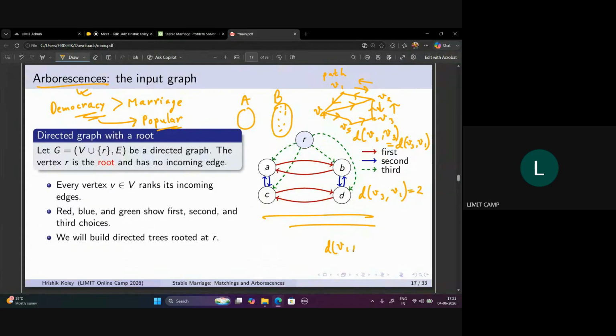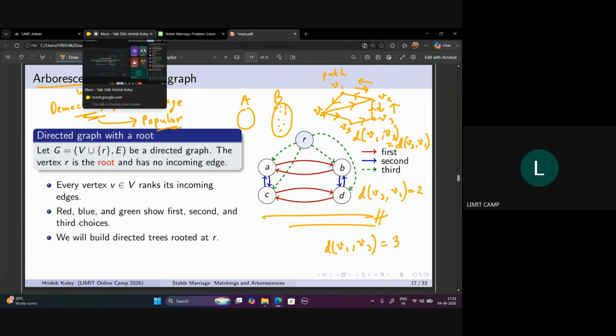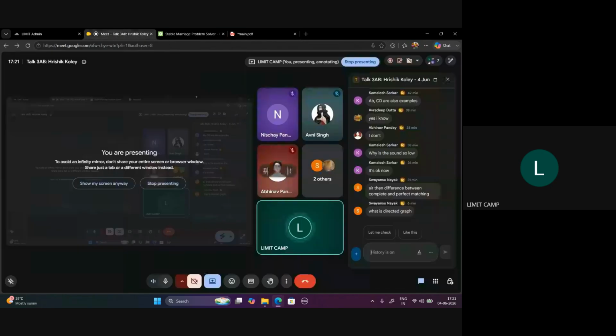So the distance between V1 and V3 is now 3. So these two might not be equal in the directed case. A directed graph is basically an undirected graph where every edge has been assigned a direction. Is that clear?